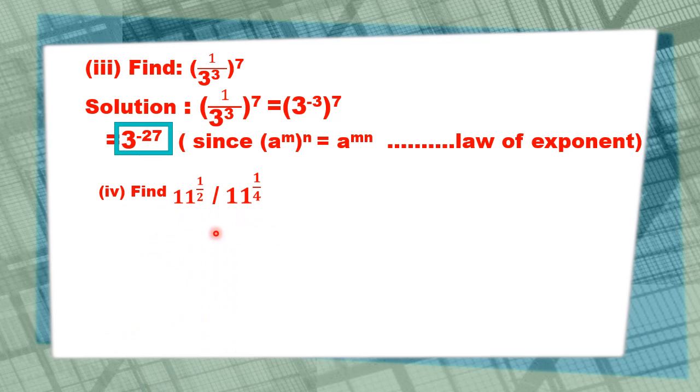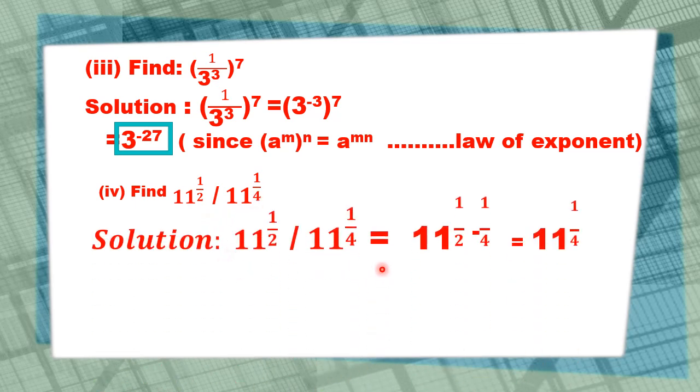Now this is the second question: 11 raised to half upon 11 raised to 1/4. Here we have to apply a law. Which law can you recall? Yes, it is a^m upon a^n, so that will be a raised to m minus n. When in division, we subtract the powers. On subtracting the powers, we will take LCM and then we'll get the result.